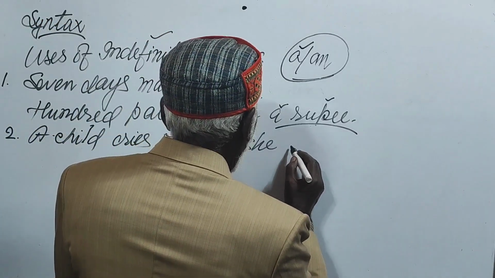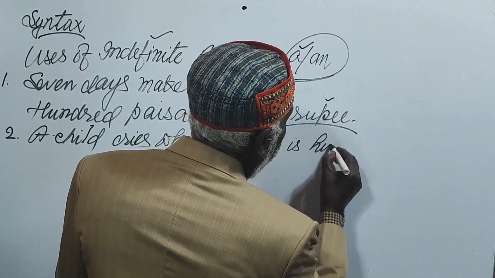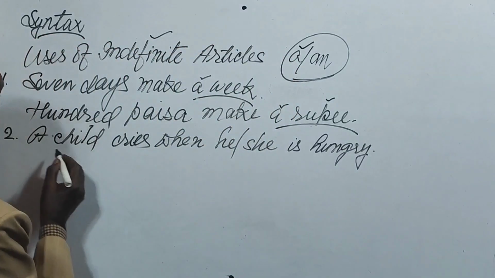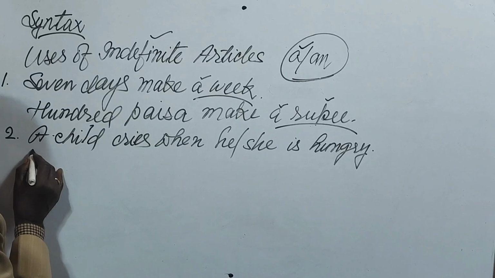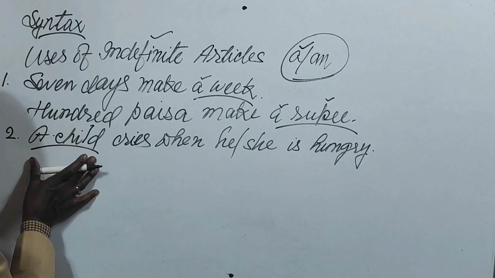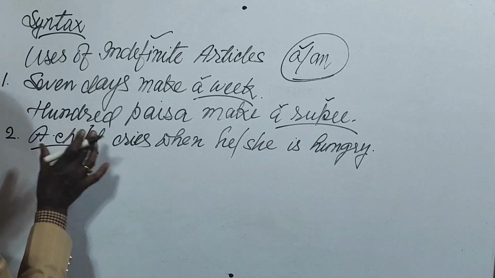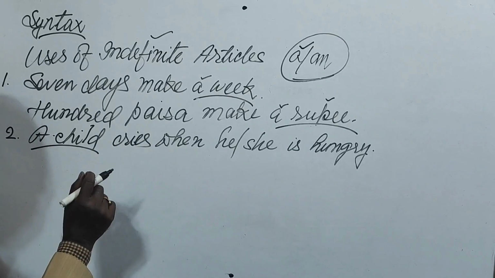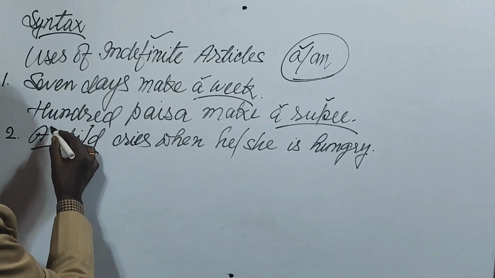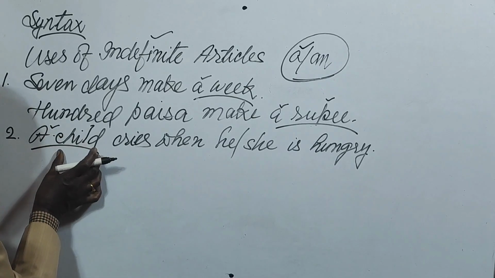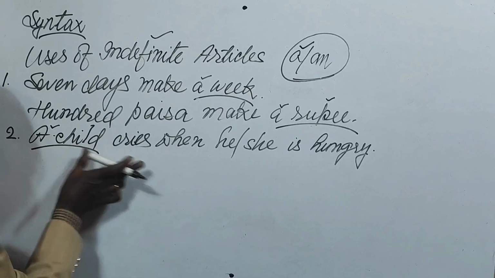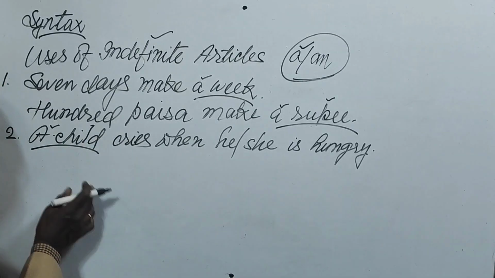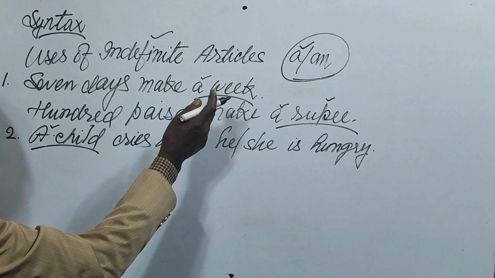A child here shows a group, the whole group of child or children. In that case, to express or represent a group, a is used.